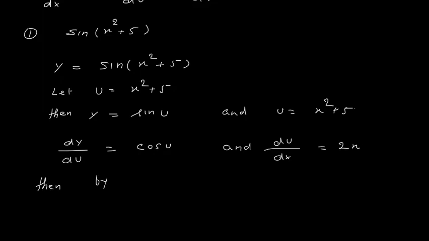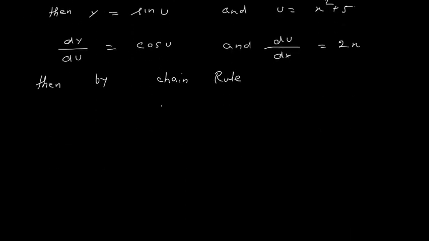Then by chain rule, we have dy upon dx is equal to dy upon du into du upon dx, which will give you cos u into 2x.